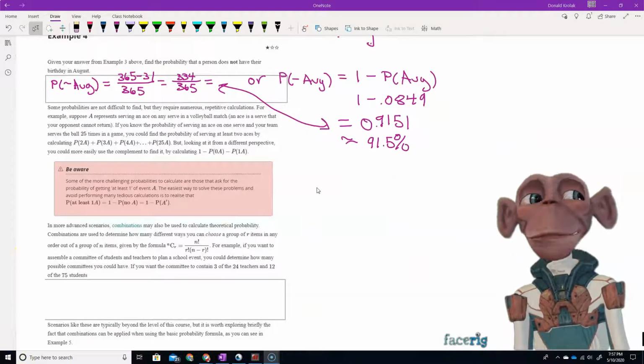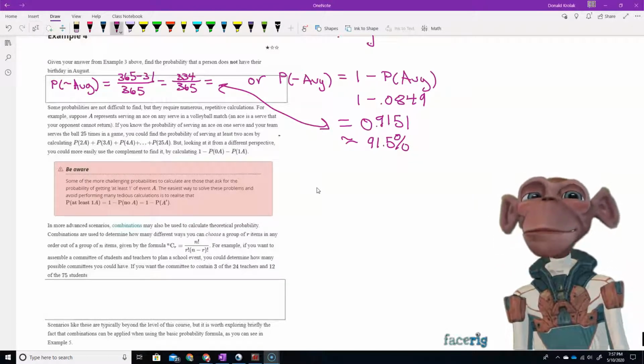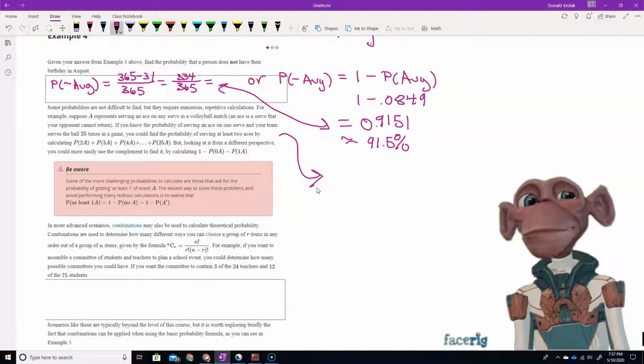All right, here's another example of how thinking about complements can make your work a little less tedious.